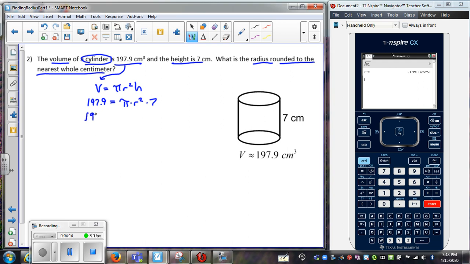So I now have 197.9 is equal to 21.9911 r squared. So just like the previous lesson, we're going to take this out 4 decimal places. Now I have to isolate the r squared. So the opposite of multiplying by 21.9911 is dividing by 21.9911.